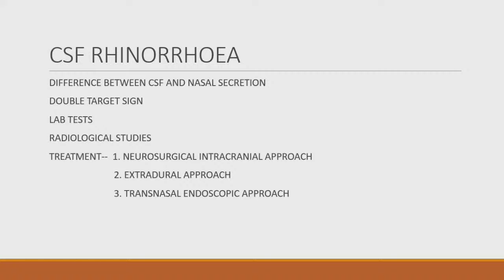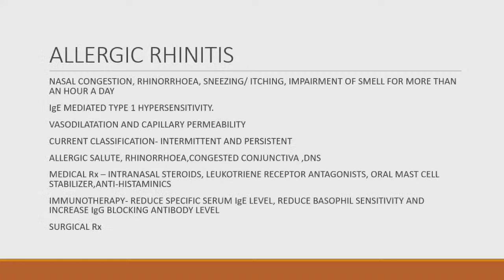The nasal cavity is inspected using blue filters, and here we can detect the CSF in the roof of the nasal cavity. Treatment will be a neurosurgical intracranial approach, extradural approach and transnasal endoscopic approach.